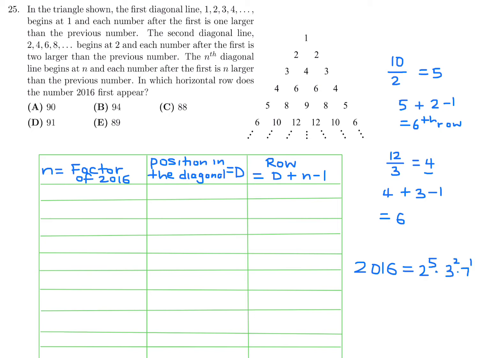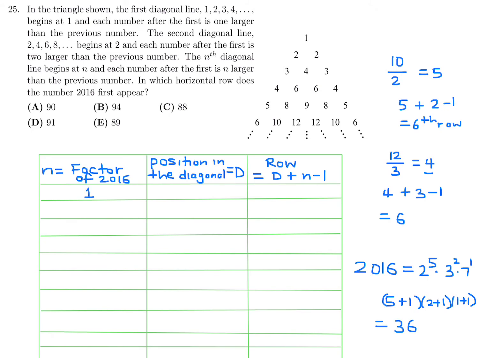So as you can see, there's a lot of factors. The way you do it is you take the number 5, you add 1, then take this 2, add 1, then you take that 1 and you add 1, and that multiplied together gives you the number of factors. 6 times 3 times 2 is 36.